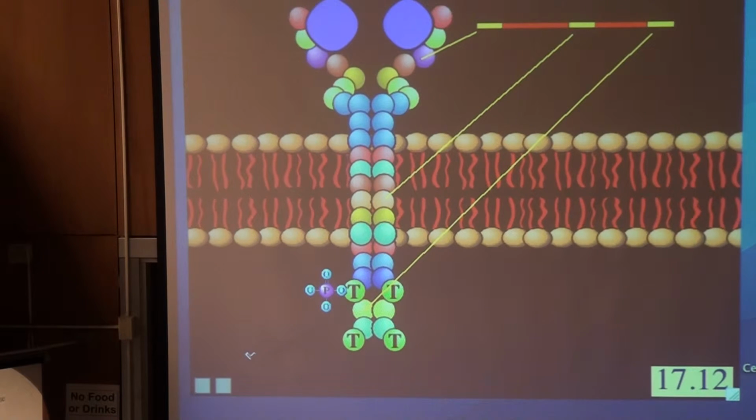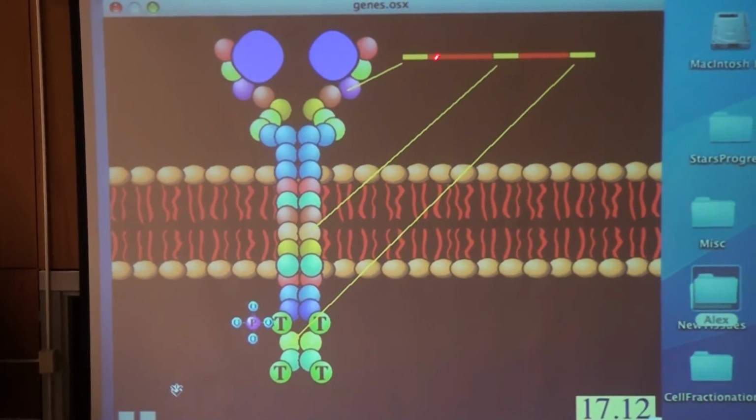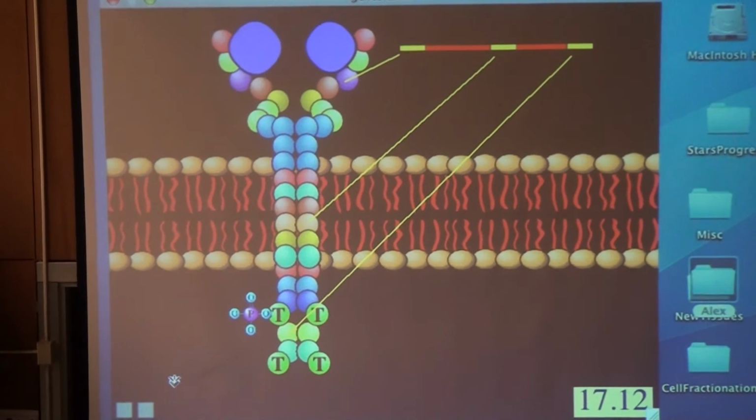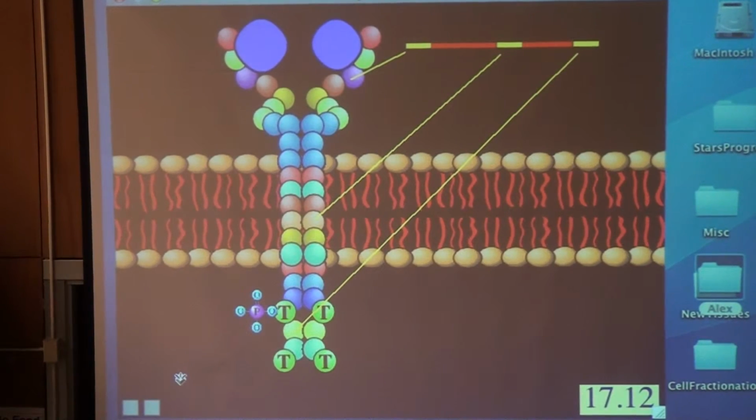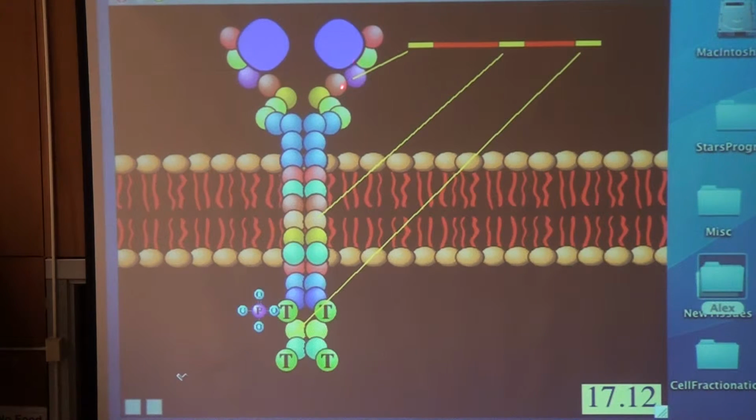So I would say that these introns divide up the coding region for the protein into different zones, and they're modular in the sense that this exon encodes a small segment of protein with a certain function, and this exon encodes a small segment of protein with a certain function, and this exon encodes a small segment of protein with a certain function.